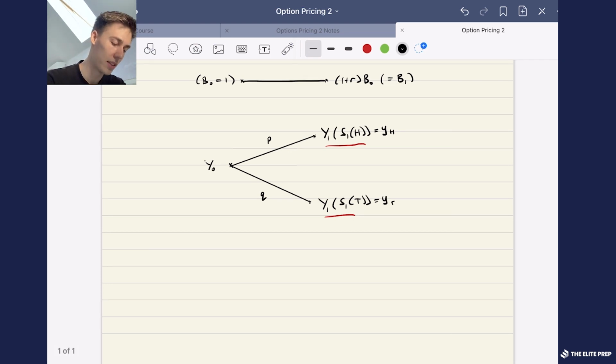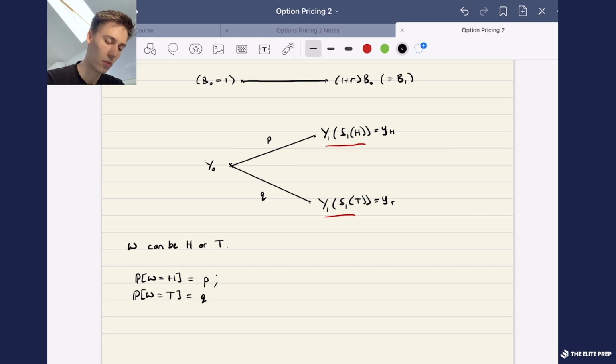We're going to denote this imaginary coin as omega, and omega can be heads or tails. Up until now, we have had the probability of omega equal to heads equals P, and the probability of omega equal to tails is equal to Q.